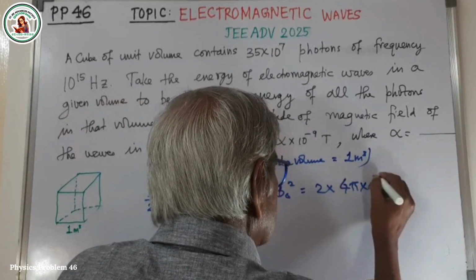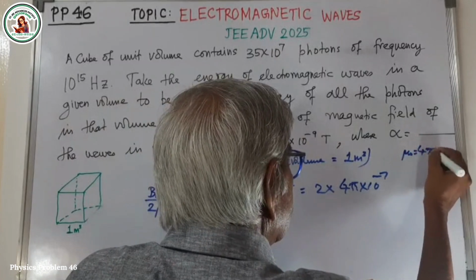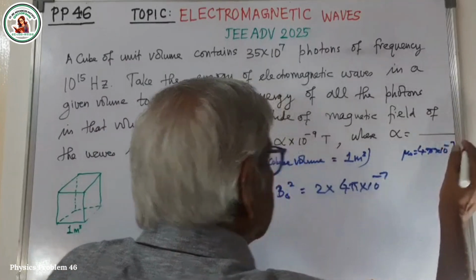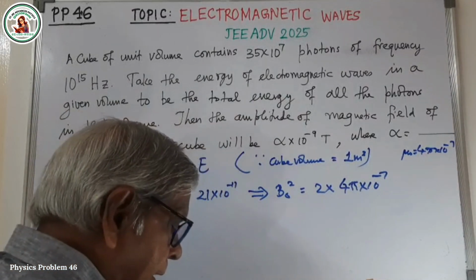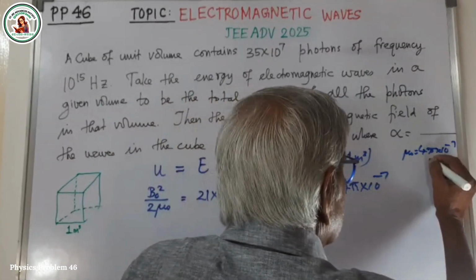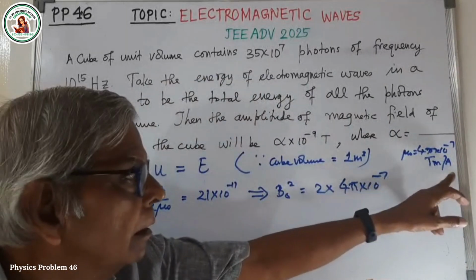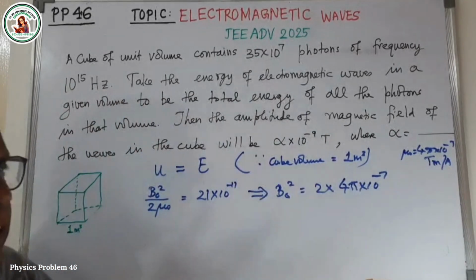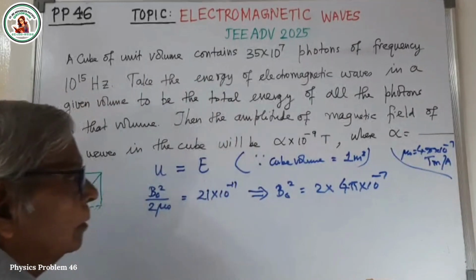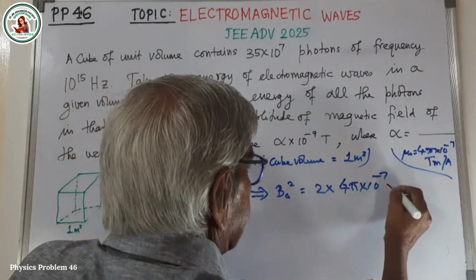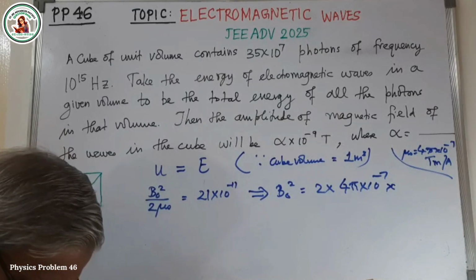The unit is the SI unit, you can write Henry's per meter, but in the question the given unit is T m by A, Tesla meter per ampere, which is equivalent to Henry's per meter. So 4 pi 10 minus 7, that is 2 mu naught.